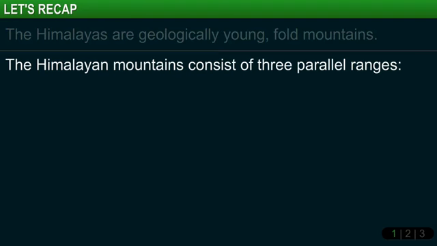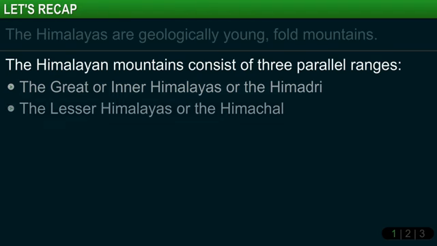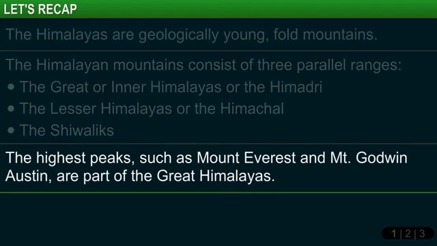The Himalayan mountains consist of three parallel ranges: the Great or Inner Himalayas or the Himadri, the Lesser Himalayas or the Himachal, and the Shivaliks. The highest peaks such as Mount Everest and Mount Godwin Austen are part of the Great Himalayas.